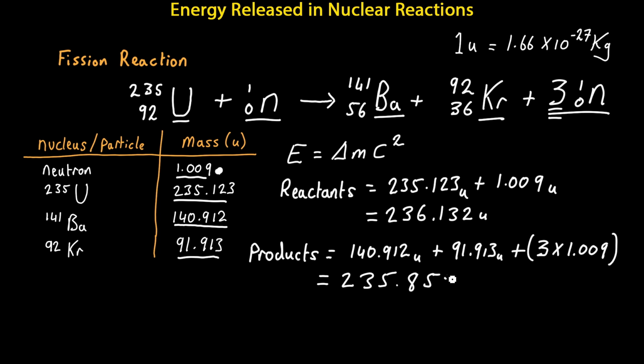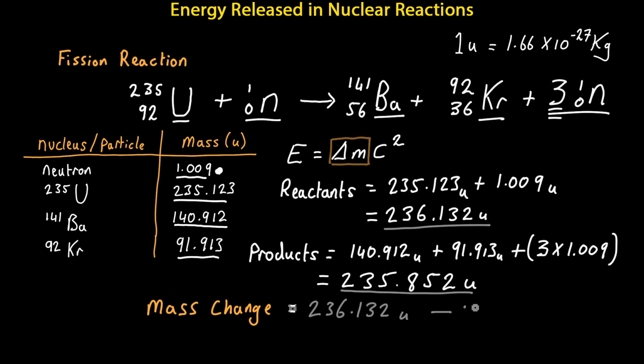Now we can see here that there is in fact a drop in mass during the fission reaction, and we can calculate this mass change by subtracting the mass of the products from the mass of the reactants. So 236.132 minus 235.852 gives us a mass change of 0.28 atomic mass units.